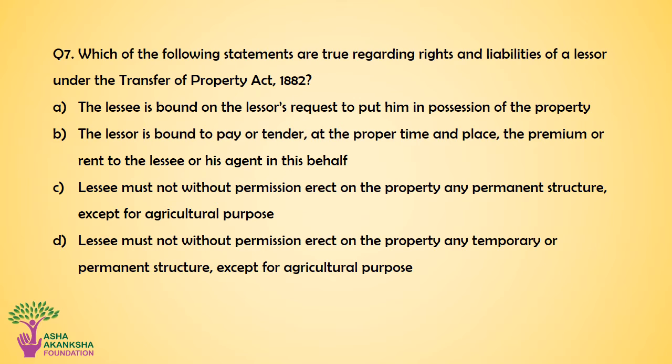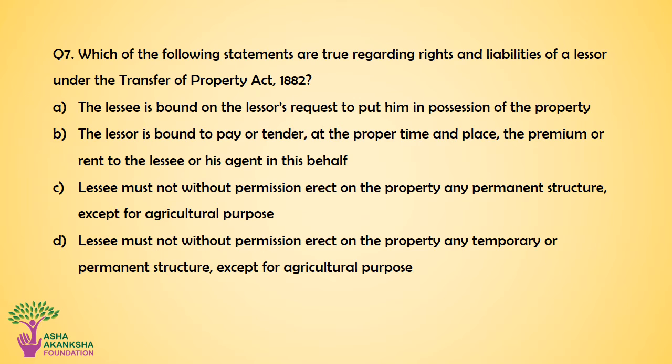Option C. Lessee must not without permission erect on the property any permanent structure except for agricultural purpose. Option D. Lessee must not without permission erect on the property any temporary or permanent structure except for agricultural purpose.